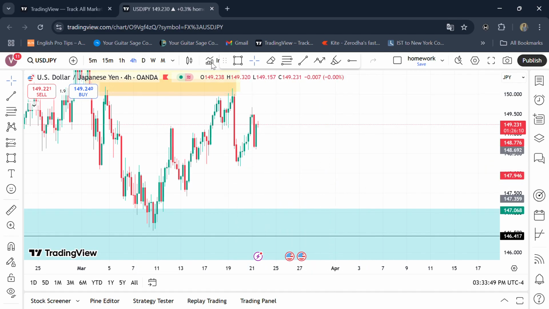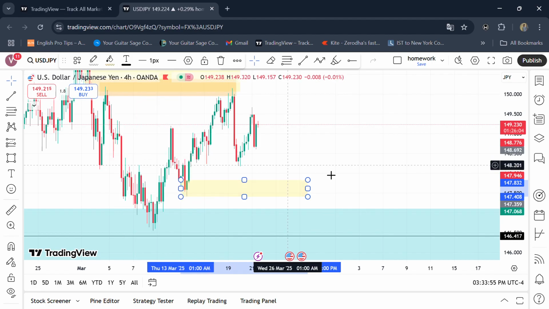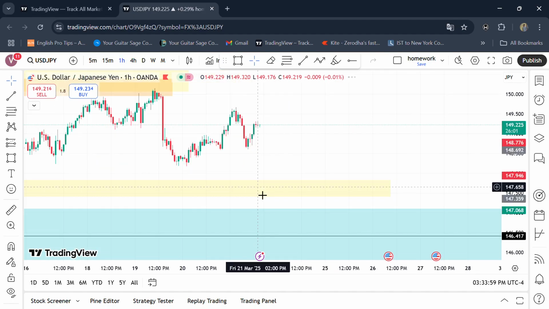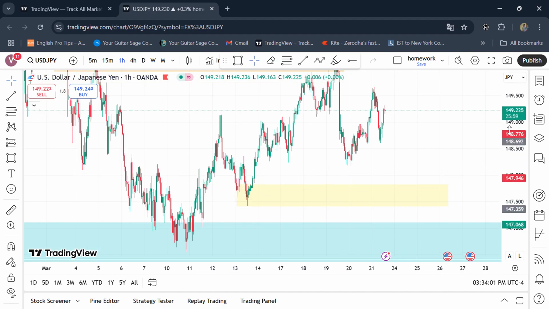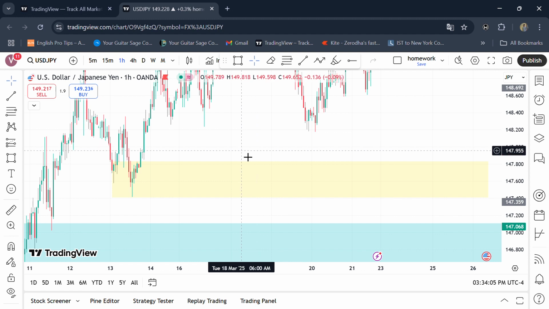Let's go to 4 hour, and here you will find a 4-hour order block in yellow. And let's go to 1 hour. Let's see if we have anything here on 1 hour.